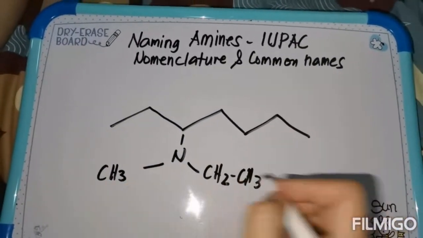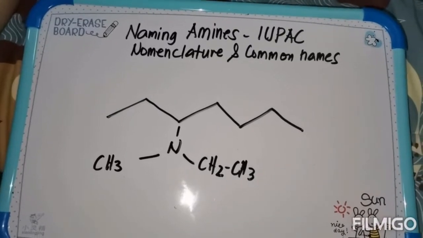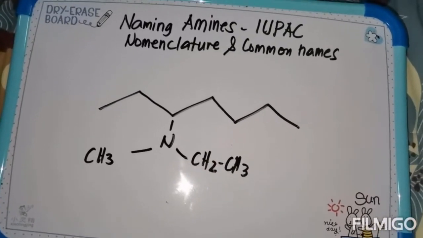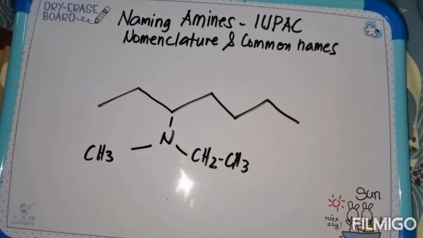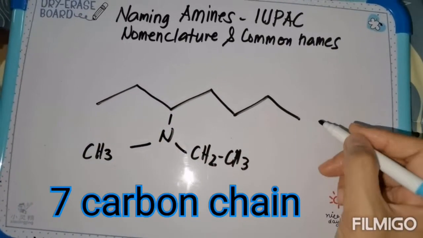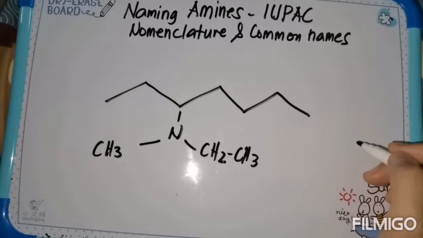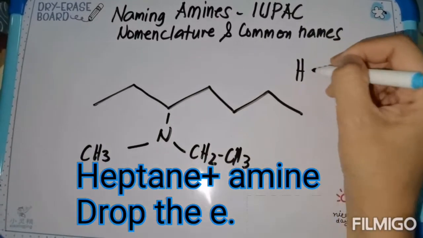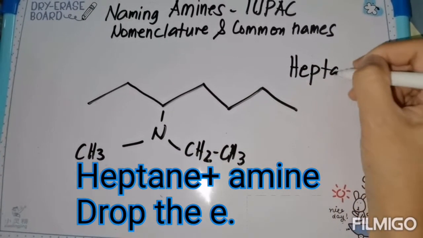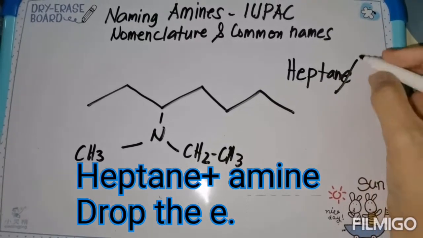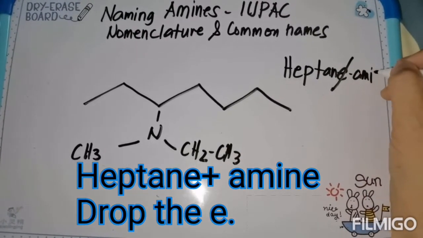So how could you name this particular molecule? As we can see, we have a seven-carbon chain. So the parent name will be heptane, and drop the E to take the amine as functional group.